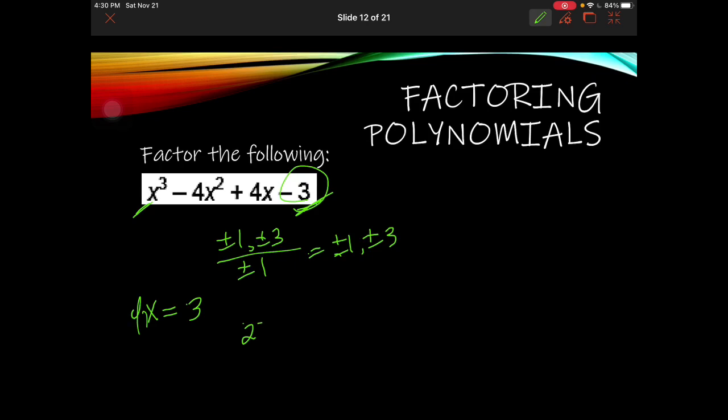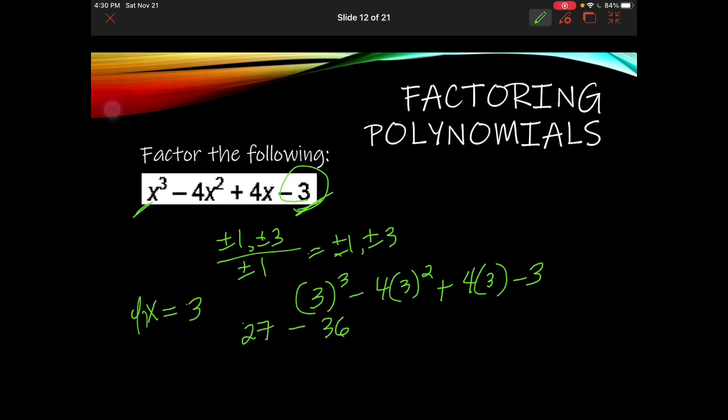Meron tayong 27. Wait, i-substitute na lang muna natin. So, positive 3 cube, 4 times 3 squared, plus 4 times 3 minus 3. Pasensya na po sa ingay. Minus, magkakaroon tayo ng 36 plus 12 minus 3.